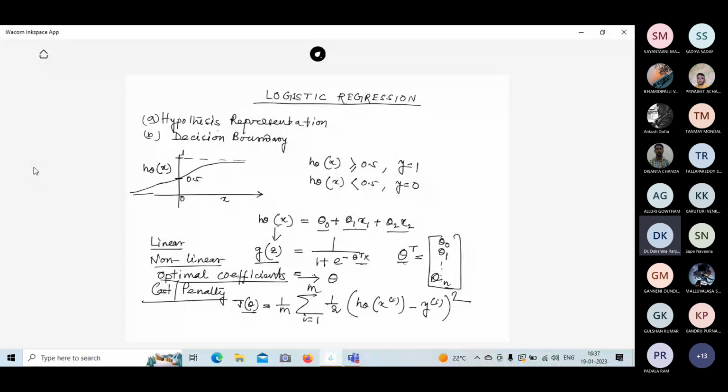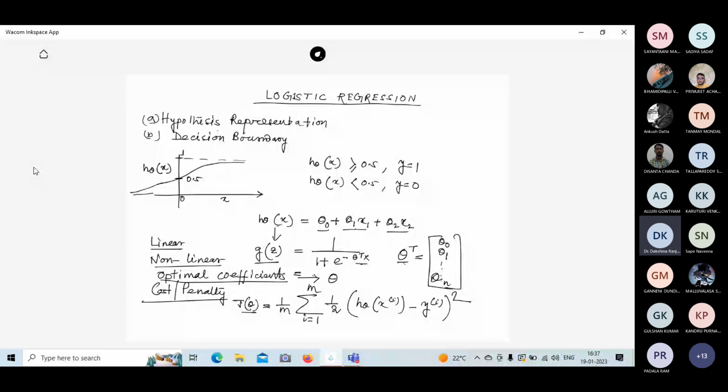Okay, so what we are considering here for the cost function. Now here i is 1 to m. We are getting the summation for m number of training examples.